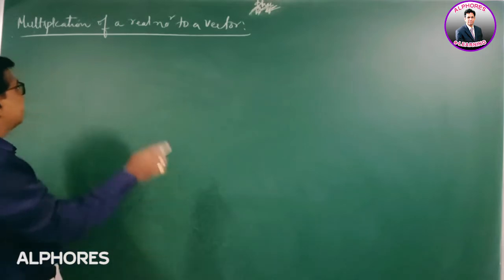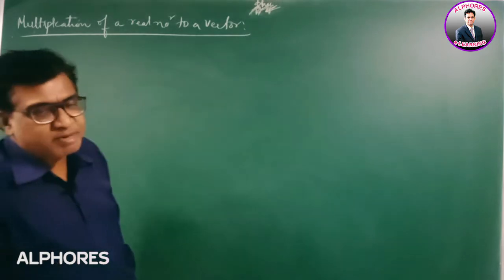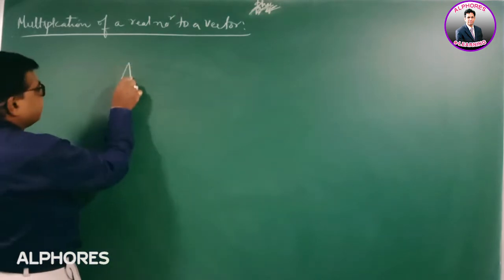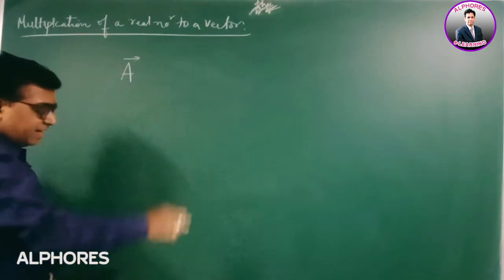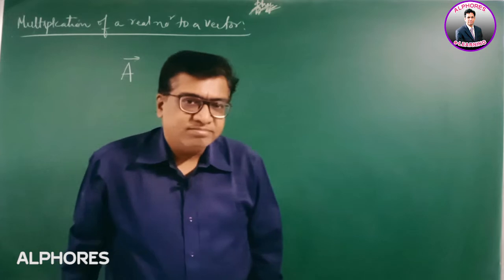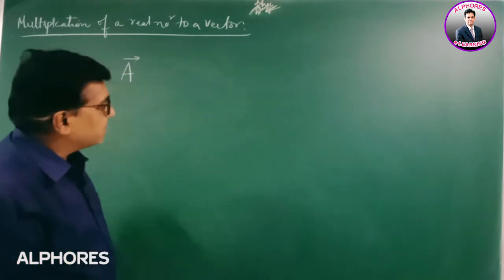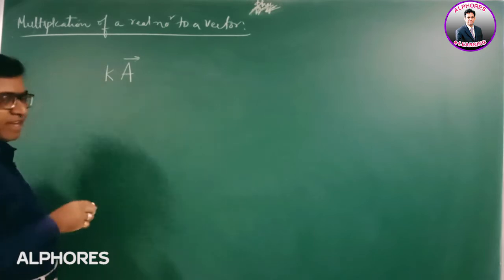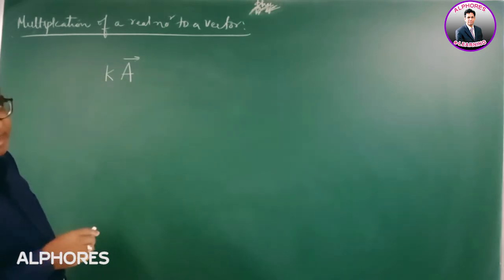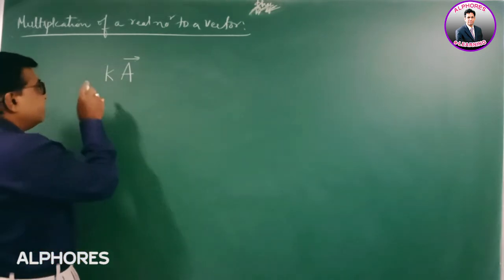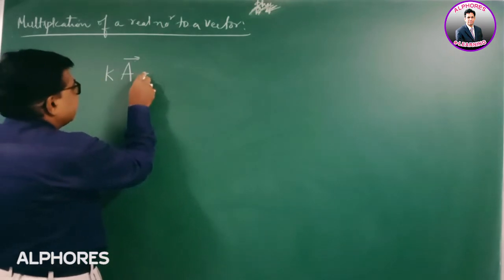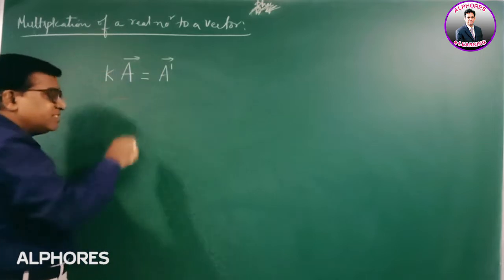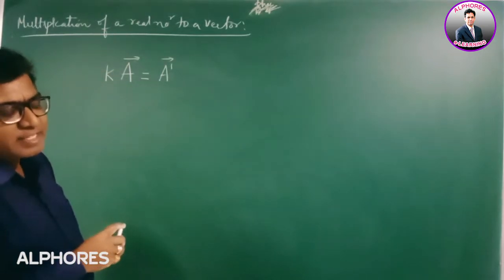Now today we will study what happens when a real number is multiplied to a vector. Let me consider a vector a bar. Let there be a vector a bar, right? Now to this vector I am multiplying a real number k. Then this will yield another vector a dash bar.